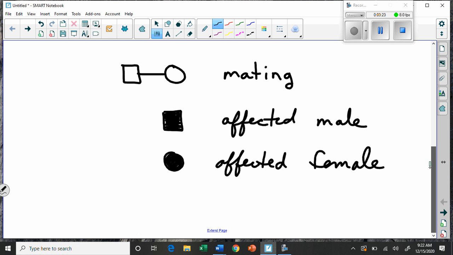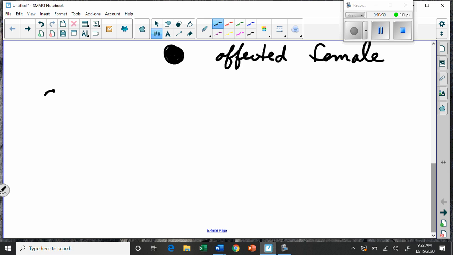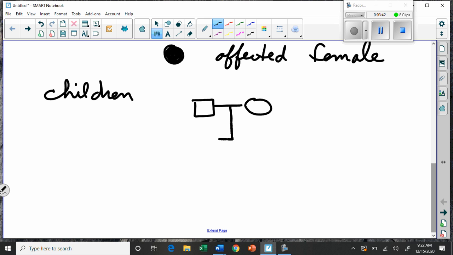Then, of course, we have to figure out how to deal with children. So, children are usually drawn like this. If you have a male and a female who have mated together, then typically we draw a line down and out like this, and we put the children like that.